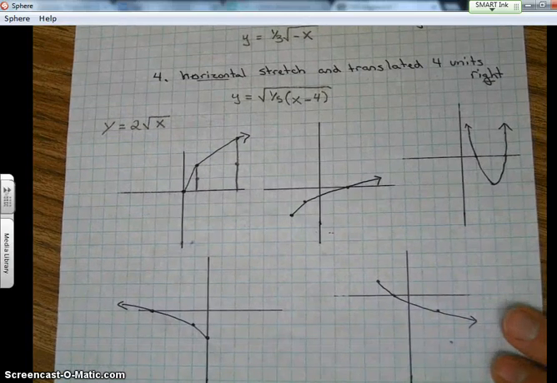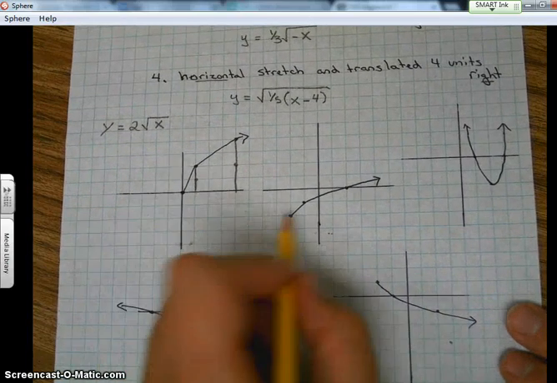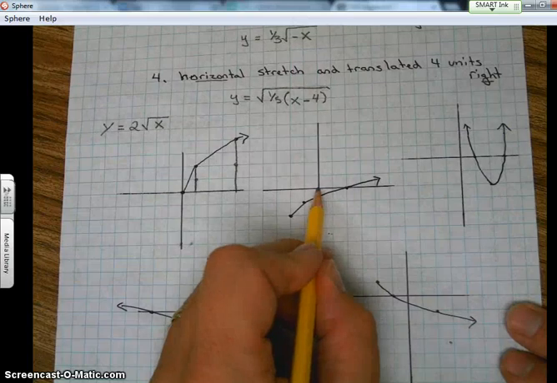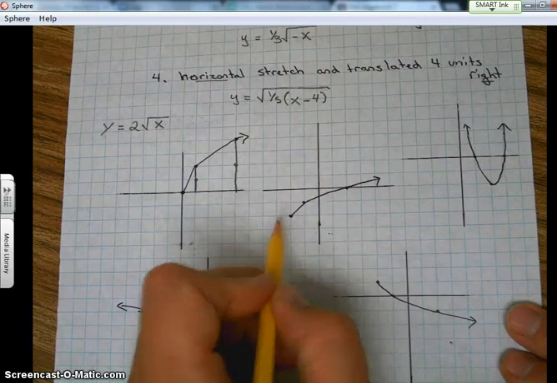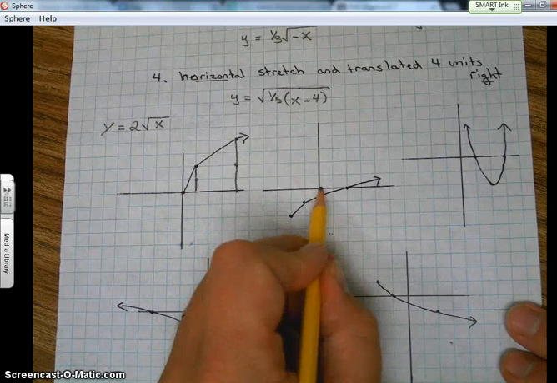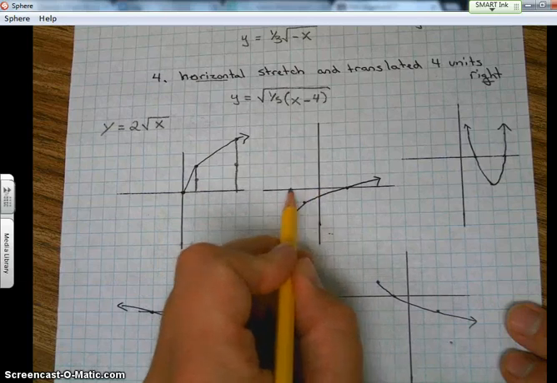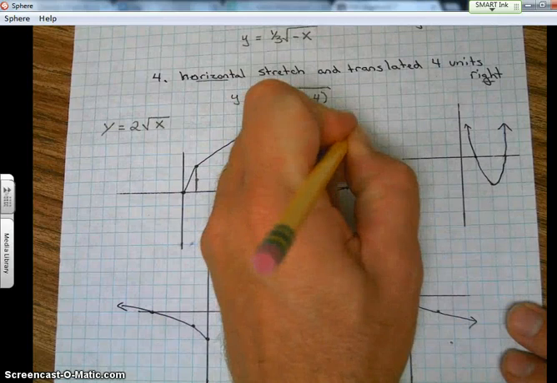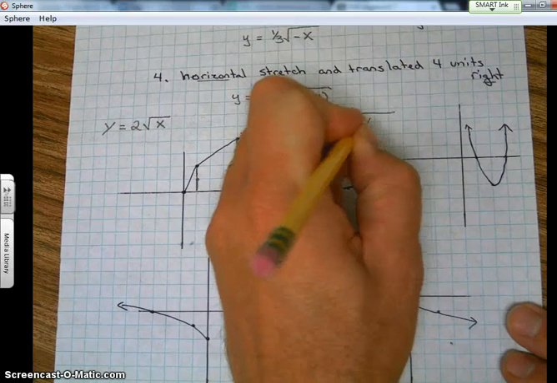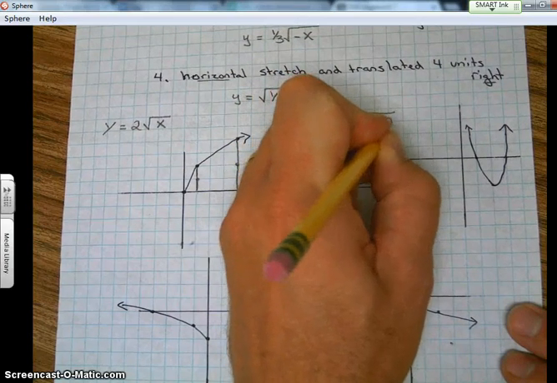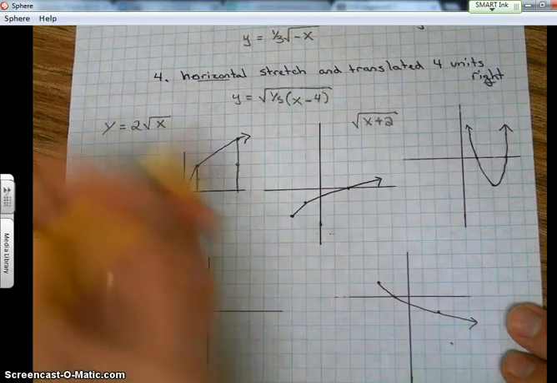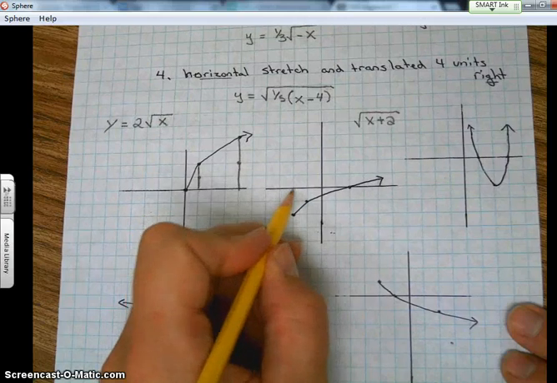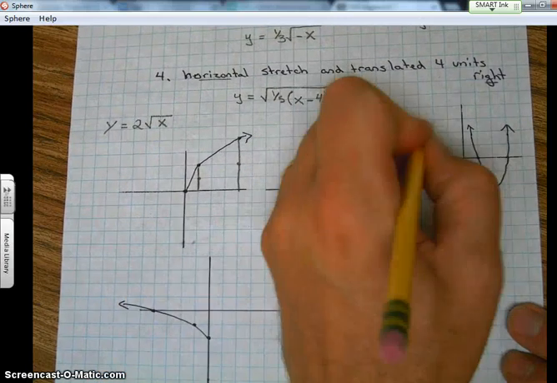Okay, next one. Did we translate horizontally? Yes, we translated 2 units to the left. So start off with our x. We went left 2. We went down 2.